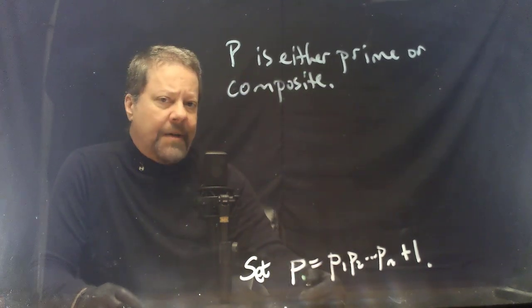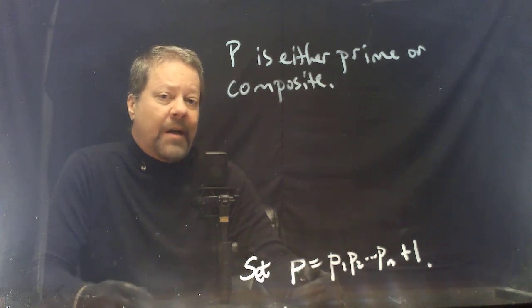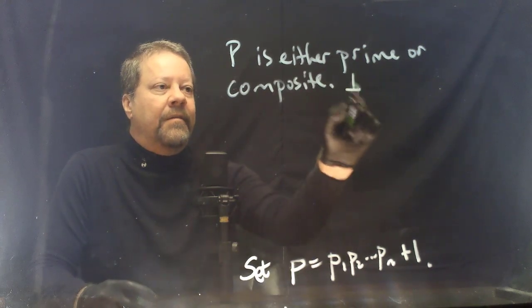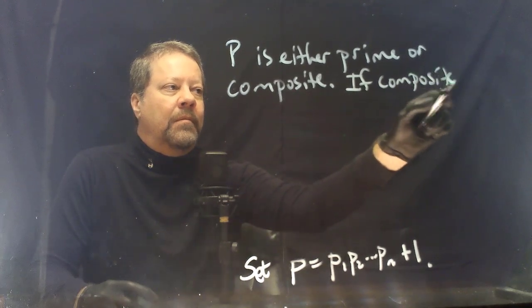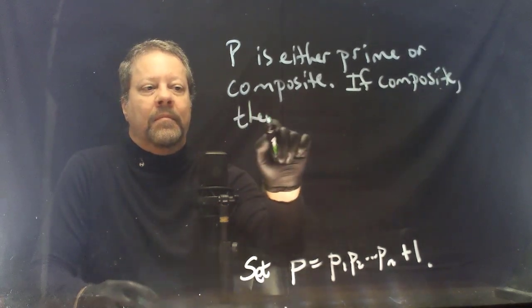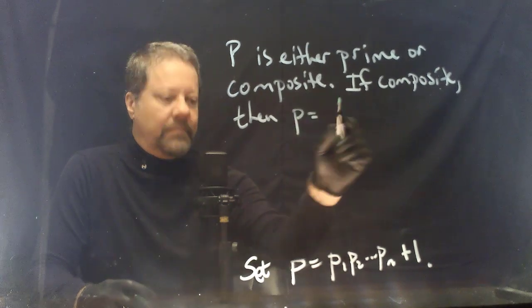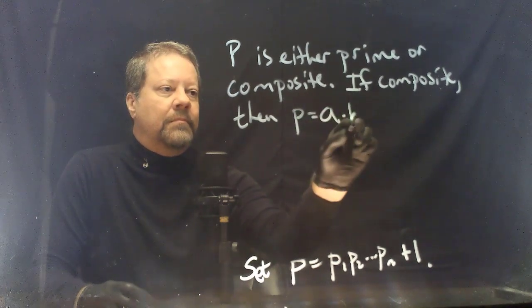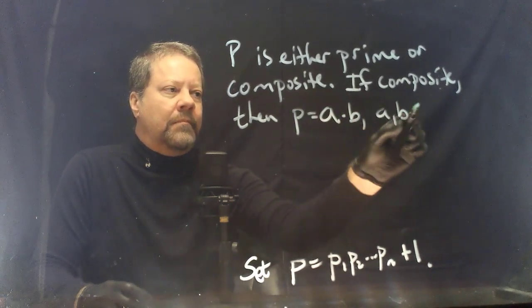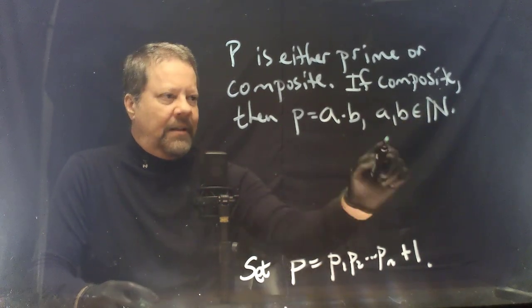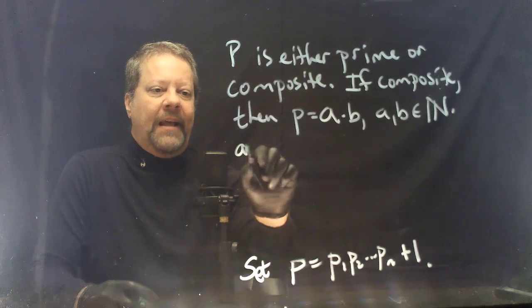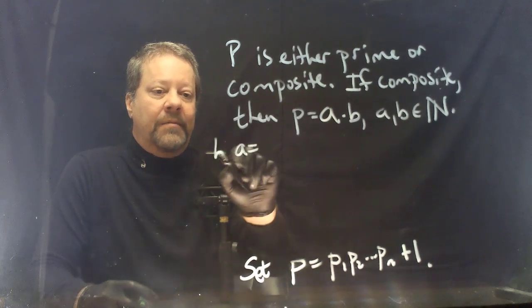If it is composite, then it could be expressed as the product of two other integers, a and b. And we'll assume we're in the set of natural numbers here, and that a and b are not 1.